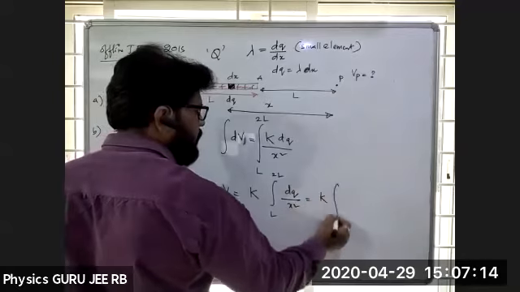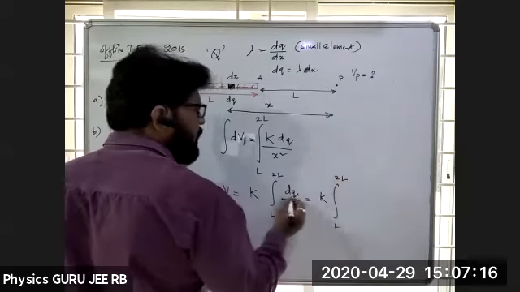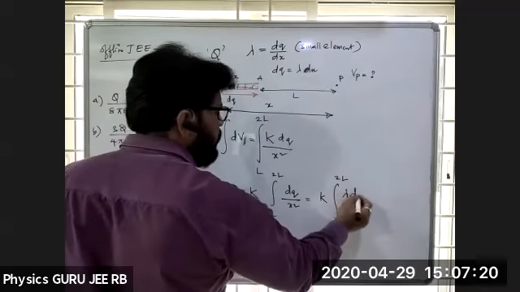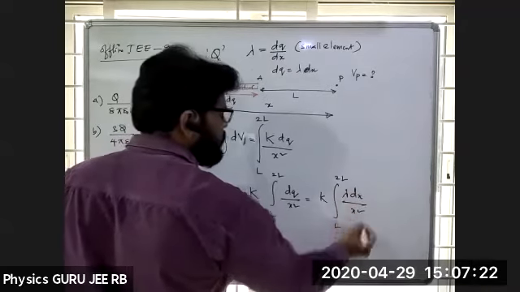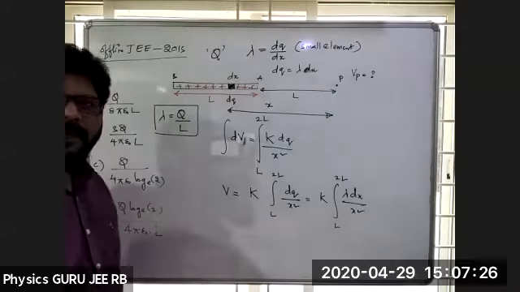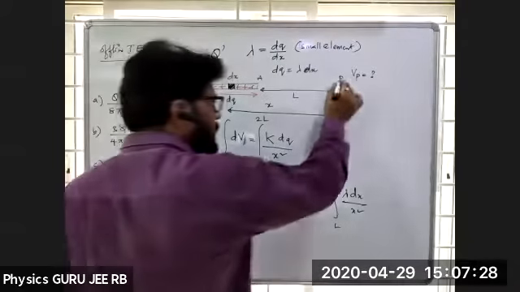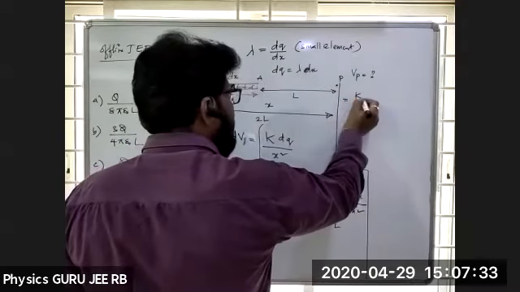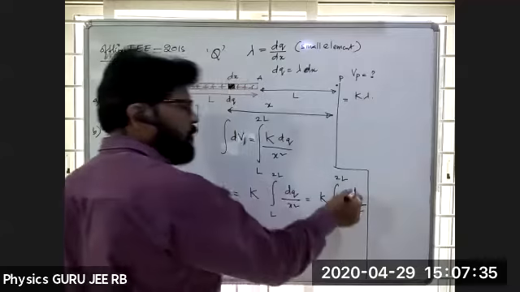Now k into integral from L to 2L of dq by x square. dq can be written as lambda into dx, so lambda dx divided by x square. Right. Lambda is a constant, so we can take it outside, and then I'll get k lambda times the integration of dx by x.